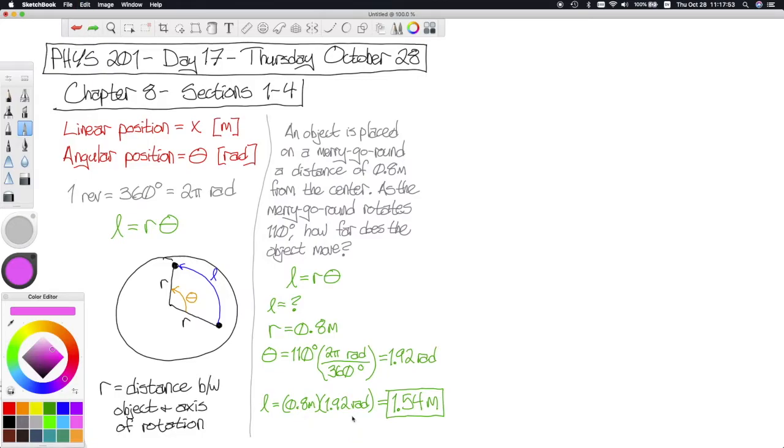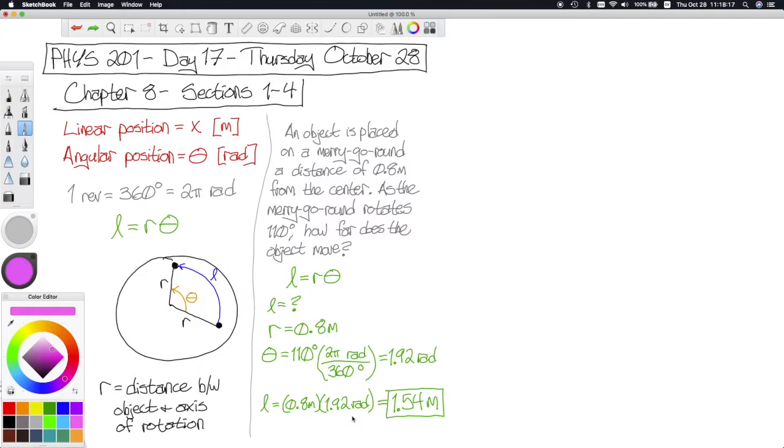And this brings up something about radians as a unit that is important to understand. Radians is not a real unit, not in the same way that meters and seconds and kilograms are. I describe it like Batman sometimes. It appears when it's needed, and when it's not needed anymore, it will disappear into the night.